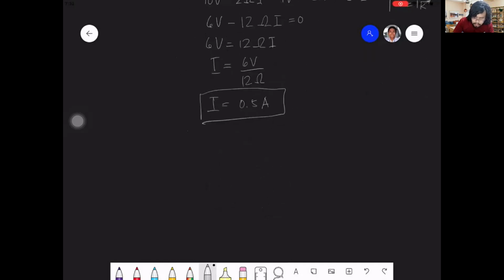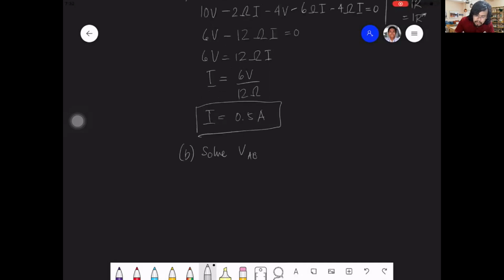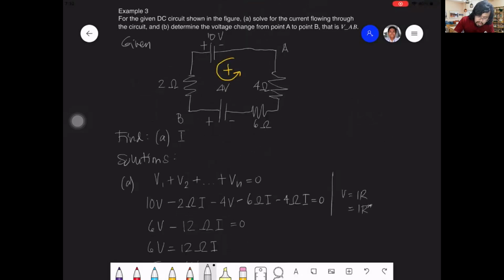Part B, we solve for VAB, and VAB is simply across this branch of the circuit.